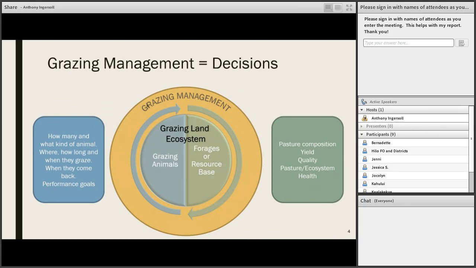When I started trying to put this together, I came up with this graphic. Basically, grazing management is a whole series of decisions that get made regarding the two parts of this whole that we refer to as a grazing land ecosystem. So it's the grazing animals and the pastures, or the resource base, that they are on.